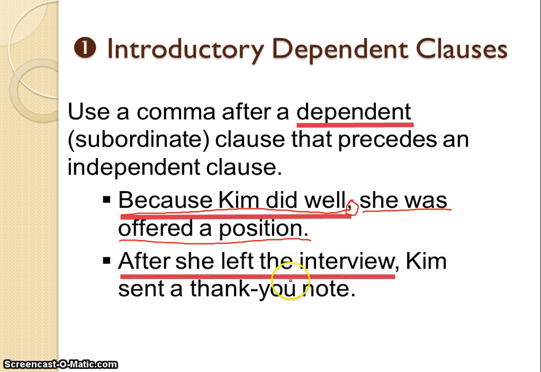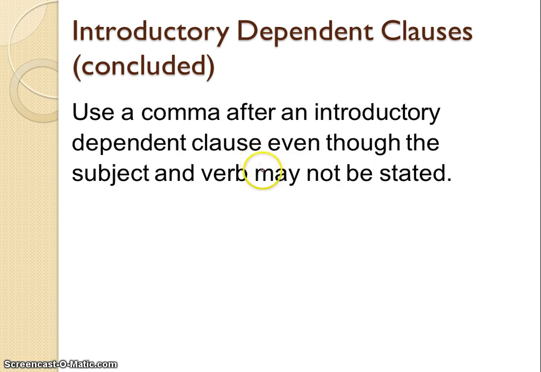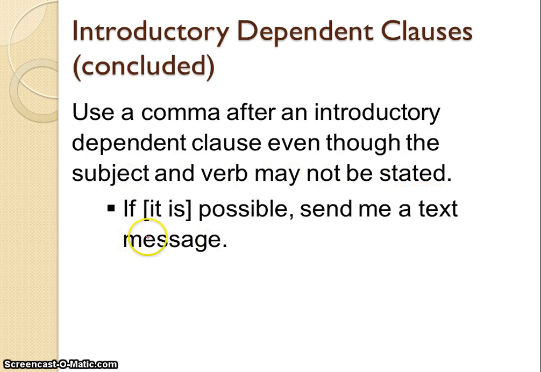After she left the interview, this is another dependent clause. Kim sent a thank you note is an independent clause. So this one can stand by itself, so we're going to separate them with a comma. We use a comma after an introductory dependent clause even though the subject and verb may not be stated. Okay, so here is our introductory dependent clause, if possible.